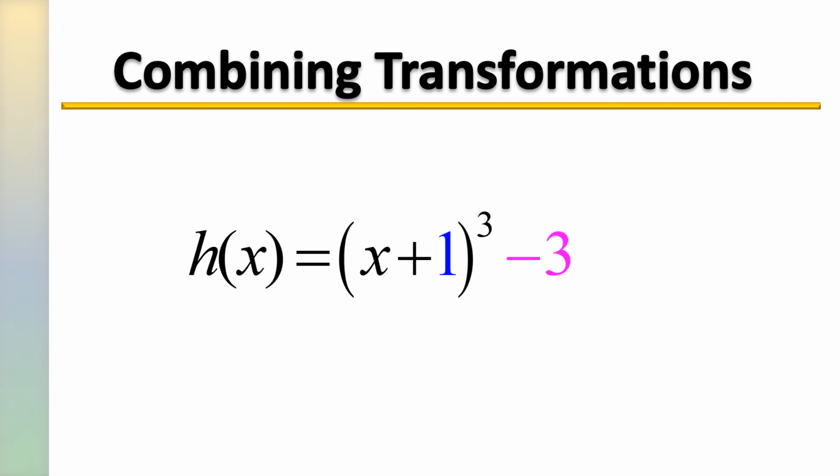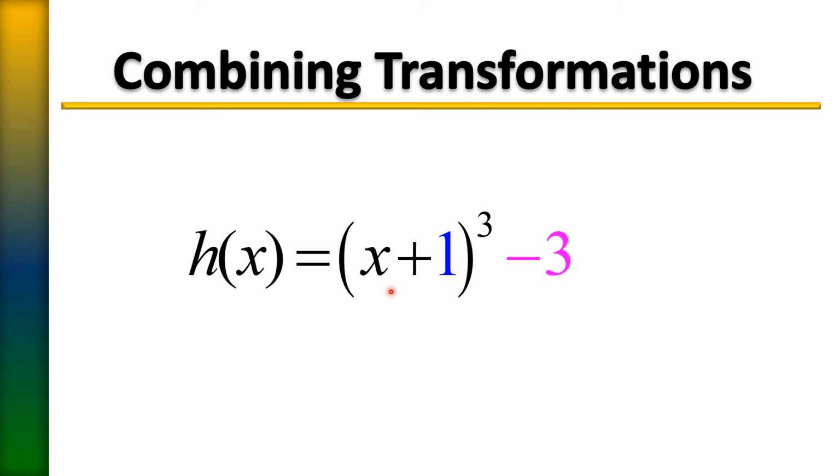What did we do to this function? Again, remember, horizontal is always within the function, so this was a horizontal shift. And when we see +1, that means that this number was understood to be a negative, which means that it is shifted to the left 1 unit. What else happened here?